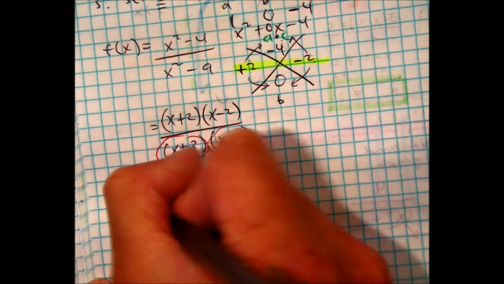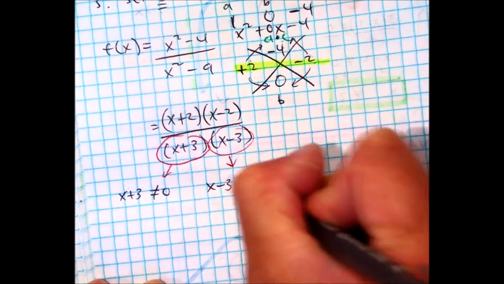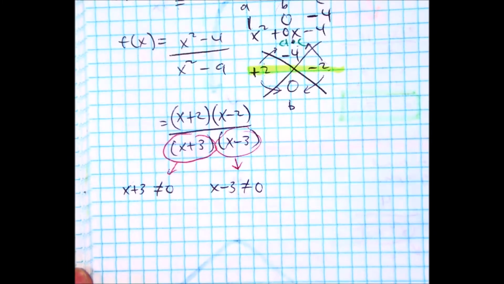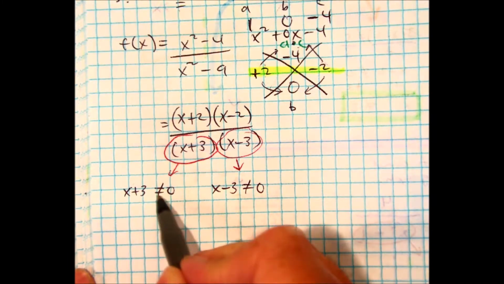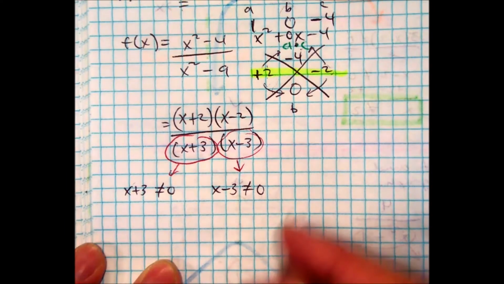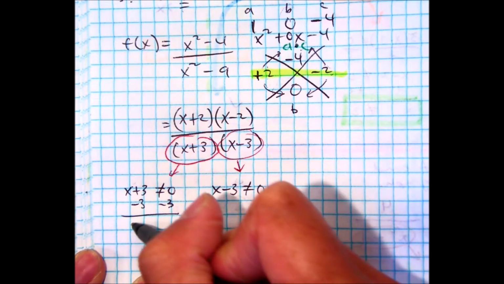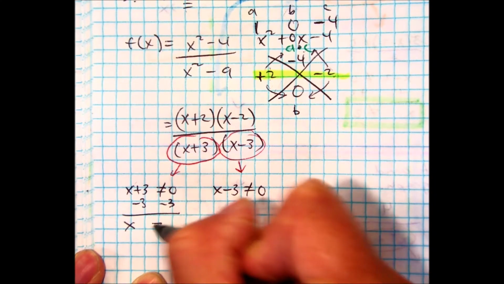So I have x plus 3 is not equal to 0, and x minus 3 is not equal to 0. Let's just pretend that's an equal sign, okay? How would you solve for x? You subtract 3, and you have x is not equal to negative 3.